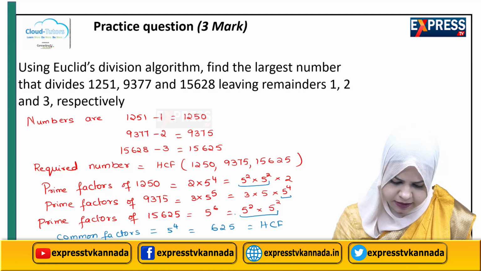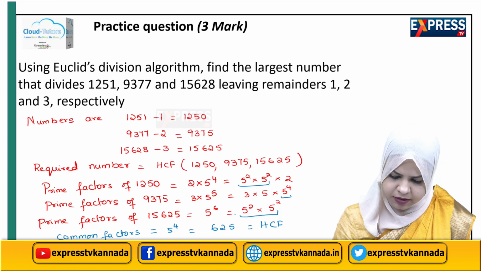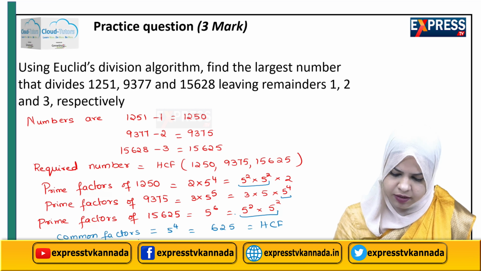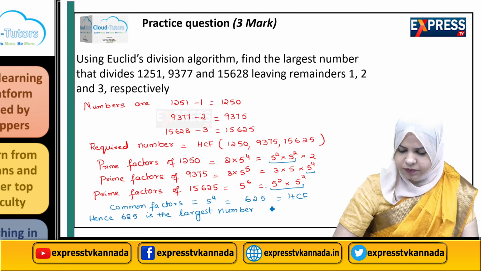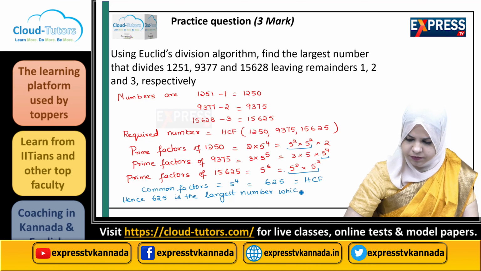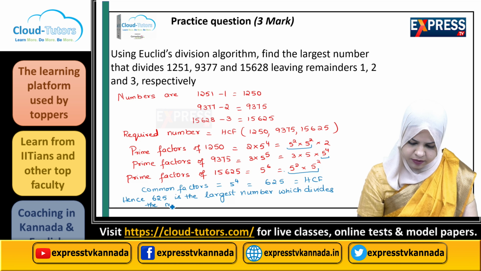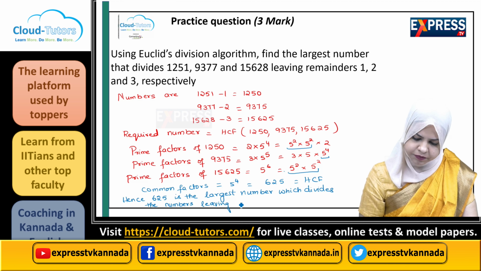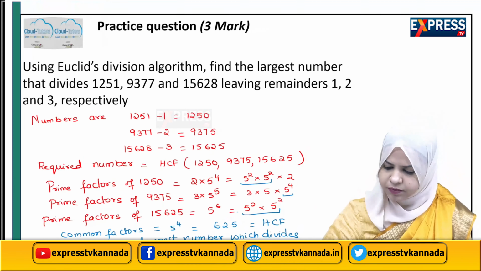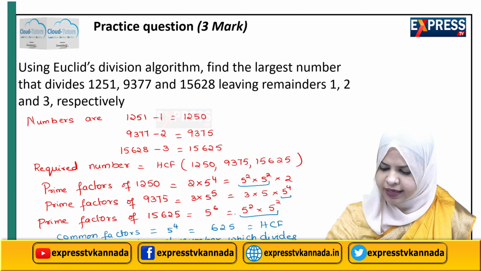Hence 625 is the largest number which divides the numbers leaving remainders of 1, 2 and 3.